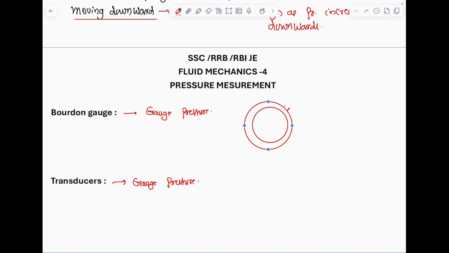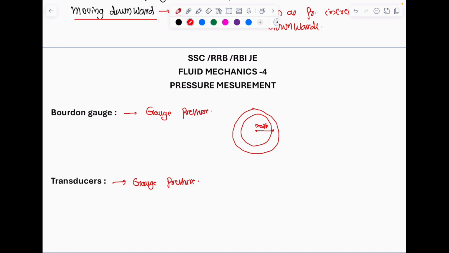Instead of drawing like this, let us draw like this, and there is another circle like this, and there will be a pressure reading here. There will be a needle showing the pressure reading.